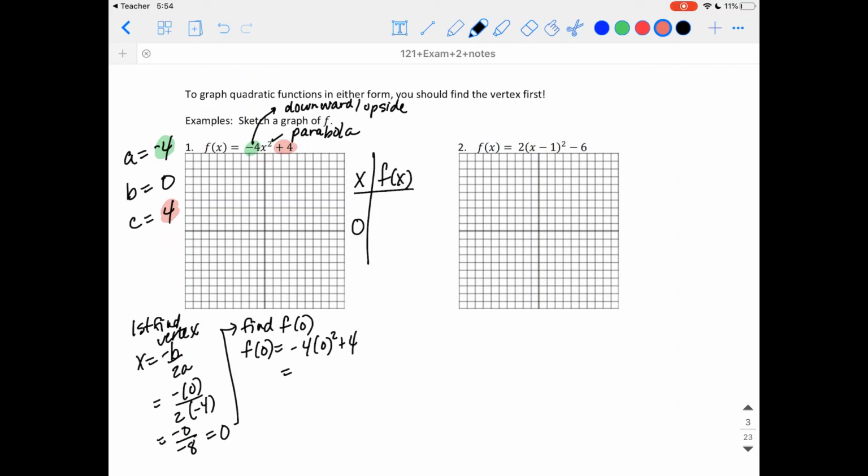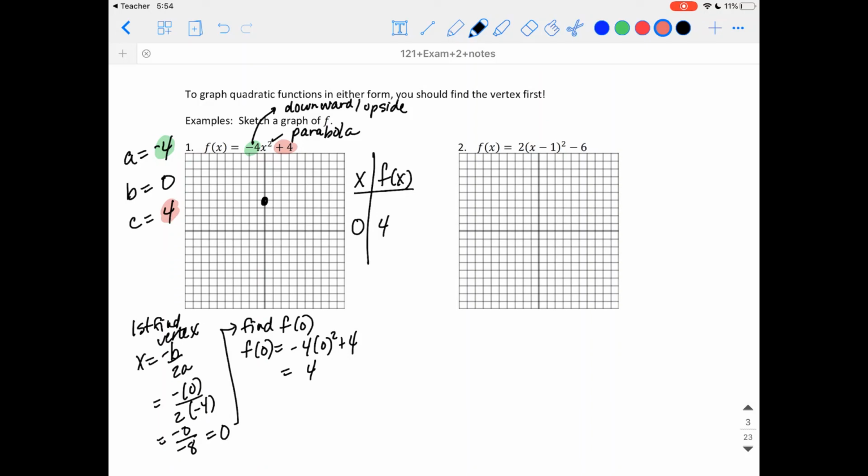So 0 squared is 0, times -4 is 0, plus 4 is 4. So 0, 4. I'm going to start graphing it. There's 0, 4, and I know that's going to be the highest point on my parabola because my parabola is upside down. After that, we're just going to pick x values to substitute in.